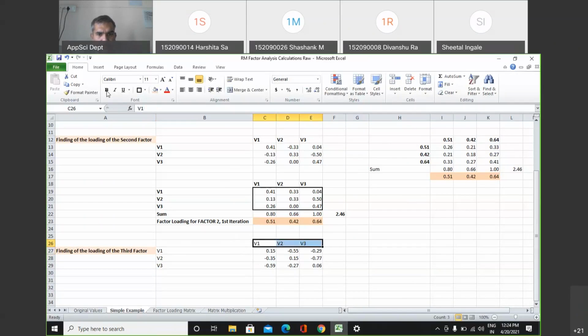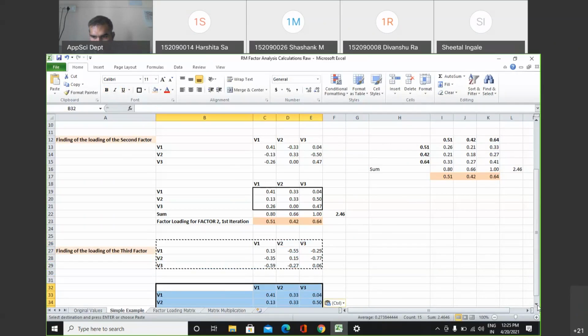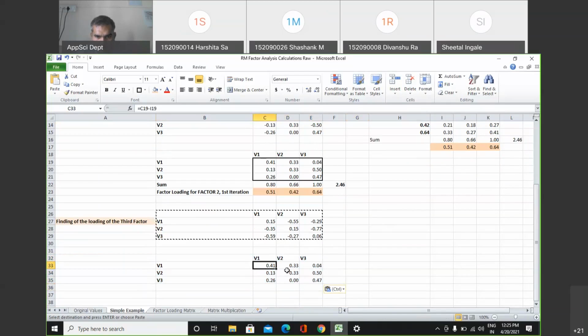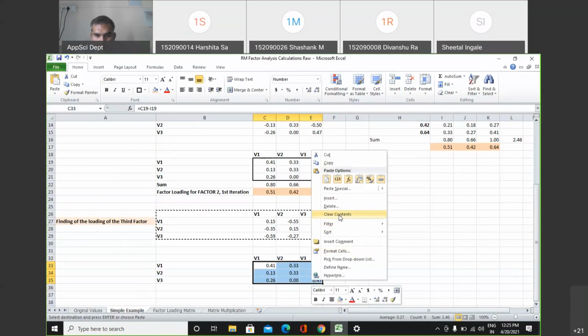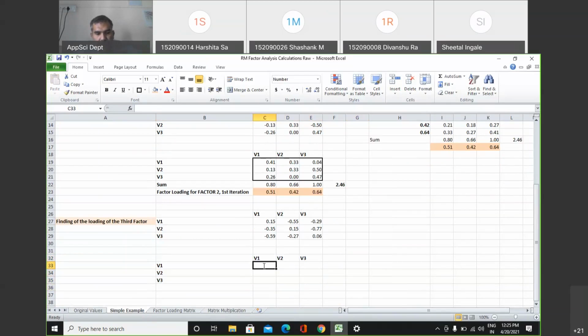So we'll again have this. So here we will have absolute value. Yes. So this is the thing.